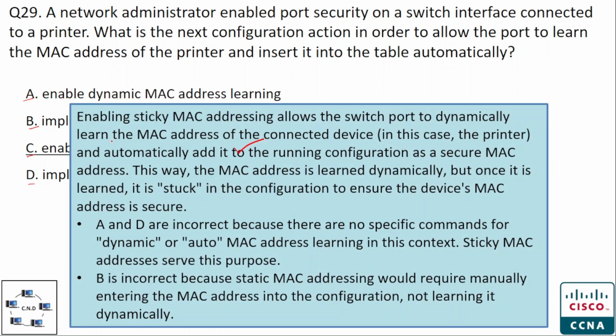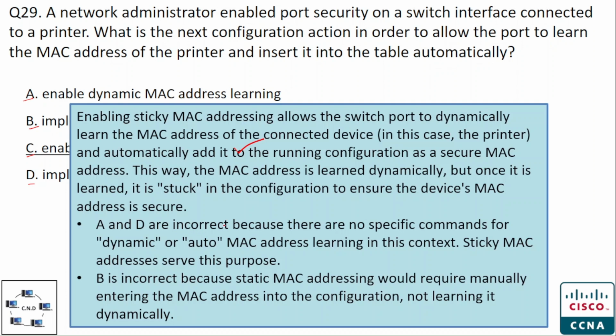And the explanation for this option is that enabling sticky MAC addressing allows the switch port to dynamically learn the MAC address of the connected device, in this case the printer, and automatically add it to the running configuration as a secure MAC address. This way the MAC address is learned dynamically, but once it is learned, it is stuck in the configuration to ensure the device's MAC address is secure.